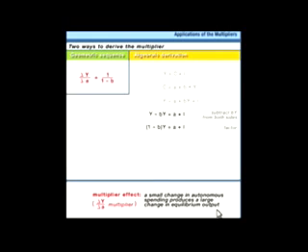I'll scoot this over so I can get this all on one page, and I've got A plus I. And there's your multiplier effect. Output is going to be equal to 1 over 1 minus B times A plus I.